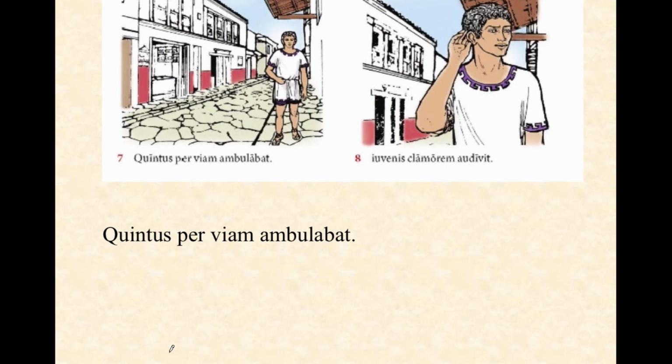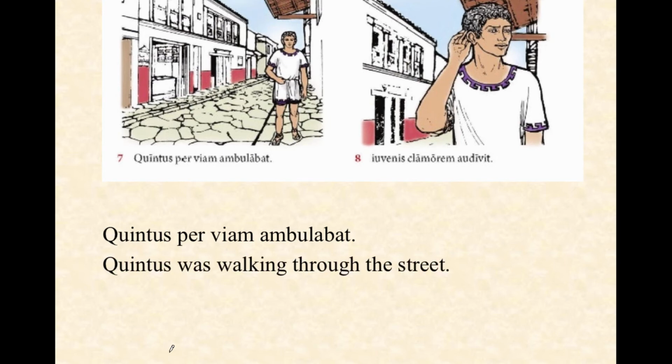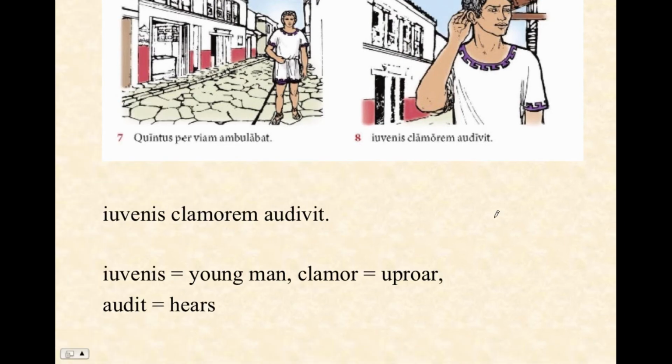Number 7. Quintus perviam ambulabat. Quintus was walking through the street. Number 8. Juvenis clamorem audivit. So juvenis means young man. It's referring to Quintus. Clamor means uproar.